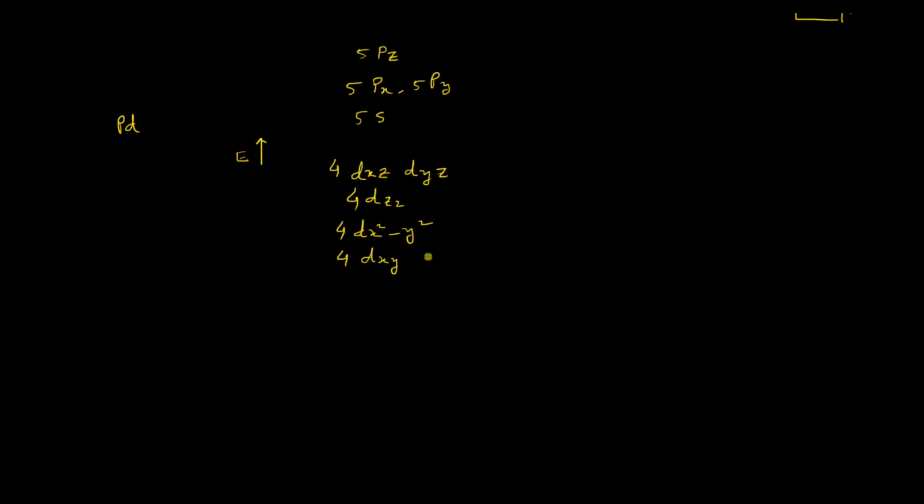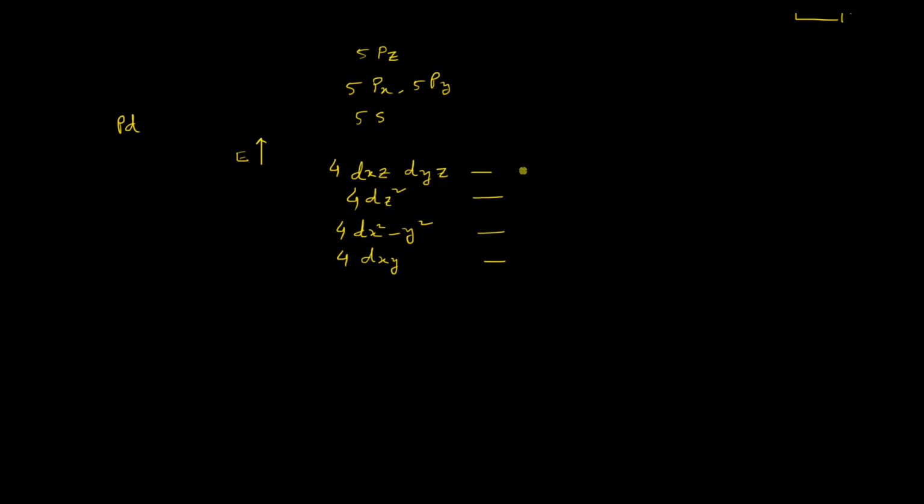So if we consider the energy level of the orbitals in case of palladium, then it looks like this. So these are the energy levels of the orbitals in palladium metal in the heterogeneous catalyst surface. The lowest energy level will be 4dxy, then 4dx square minus y square, then 4dz square.